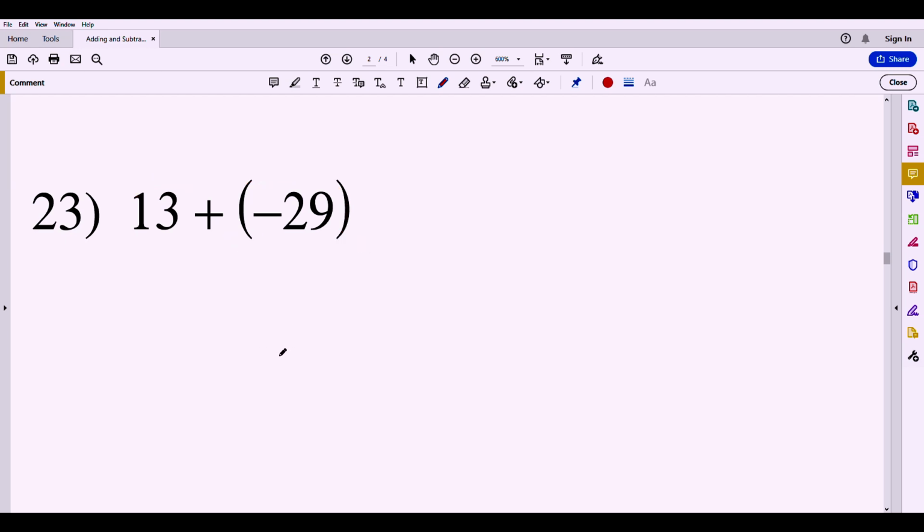So 13 plus negative 29 is going to be 13 minus 16 more, because 13 plus 16 is 29, but I'm dealing with negatives. So 13 minus 29 will give me a negative 16.